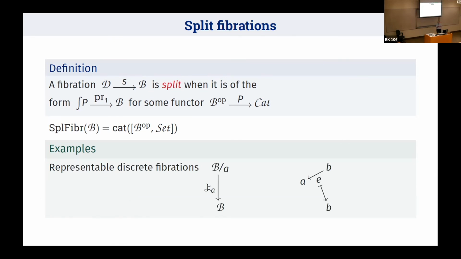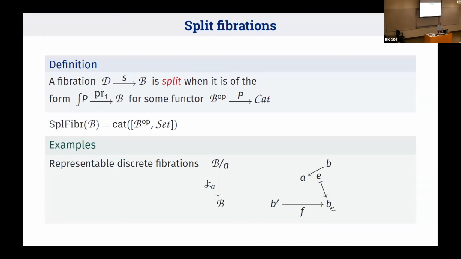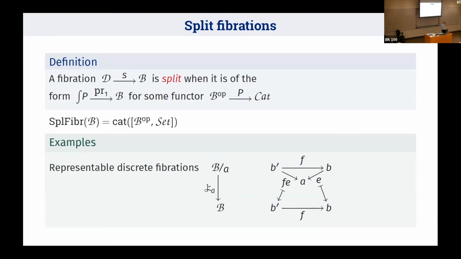Other examples: fix an object A in B, the domain functor from the comma category of arrows into A down to B. So given an object in this category, an arrow from B into A in the category B, call it E, this is sent by unit of A to the domain, to the object B, and now I have to show you how to lift an arrow F over B to E, given an arrow F in B. It's one of those exercises that makes you so happy when you perform category theory because the solution is in front of you and it's there.